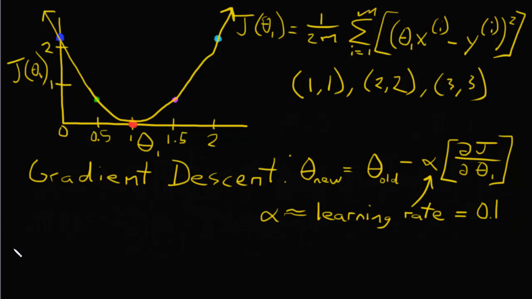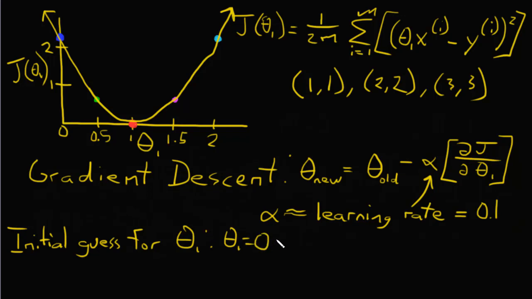So here we go. I want to make my initial guess for theta 1. Let's let theta 1 equal 0. Okay? So with that in mind, let me clean this up just a little bit. Theta 1 is going to equal 0. Alrighty. So erase this.